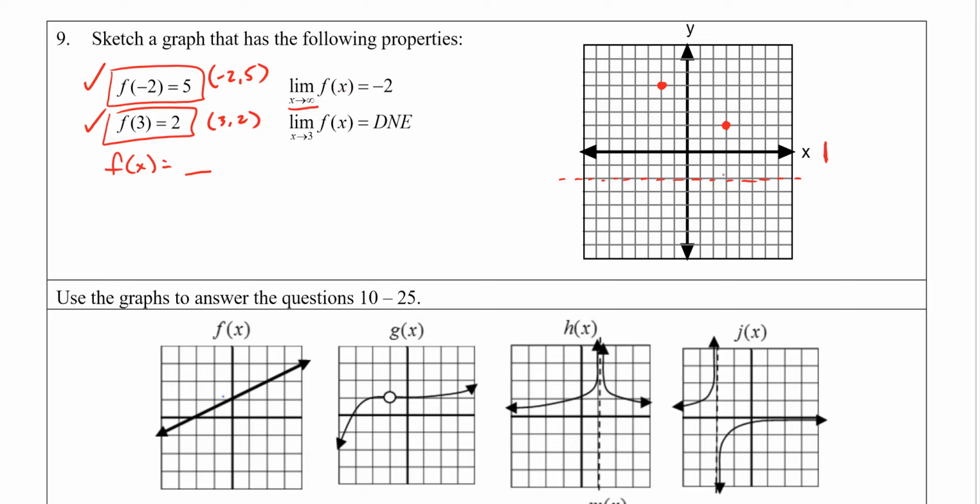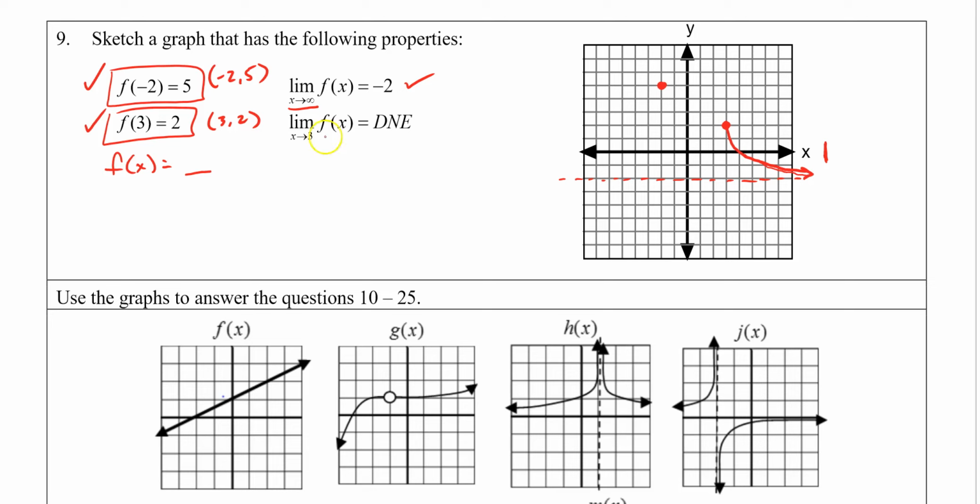Well, the easiest thing to do is draw a graph that kind of curves down and shows that it's approaching that horizontal line of -2. So now I've taken care of this part. I can see from the graph that as my graph approaches positive infinity, I follow this line, and my function approaches that value of -2.